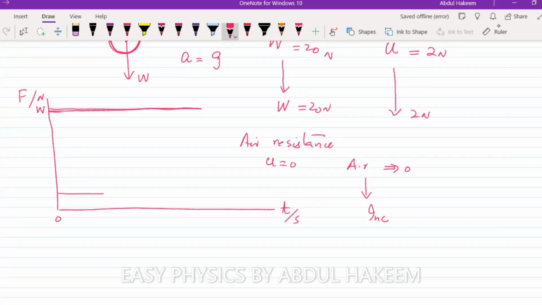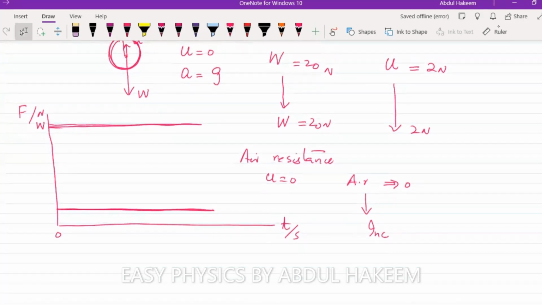Thrust is the minimum force which remains constant. And the air resistance starts from 0, it increases, and then becomes constant. This is air resistance, this one.